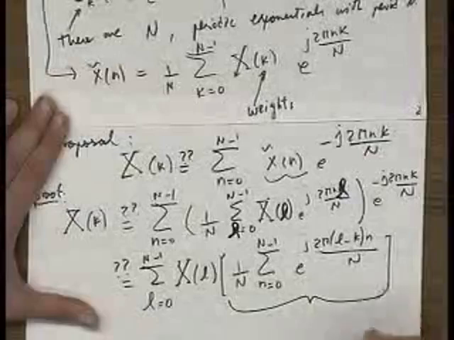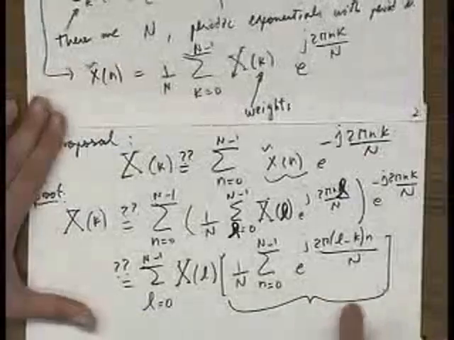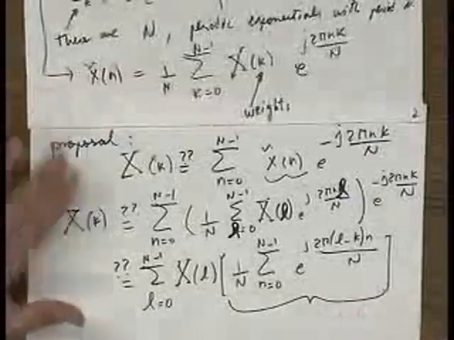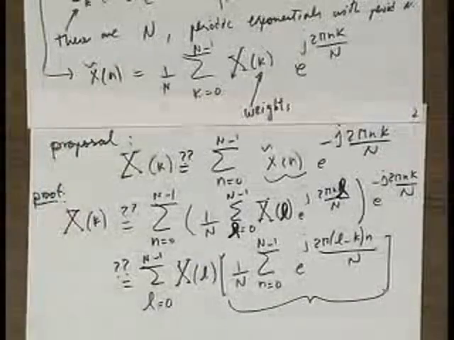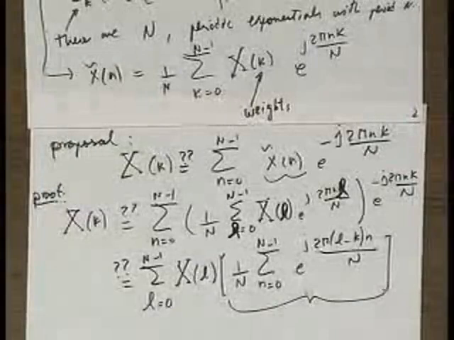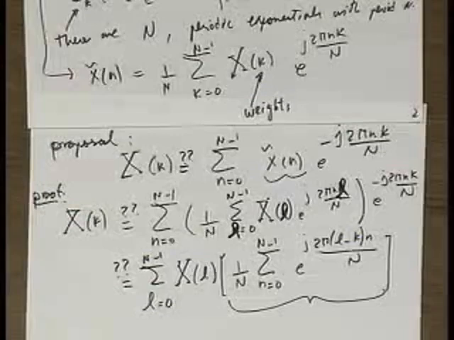Now, what's this quantity here? Does anyone know this quantity by inspection? What happens if L is equal to k?